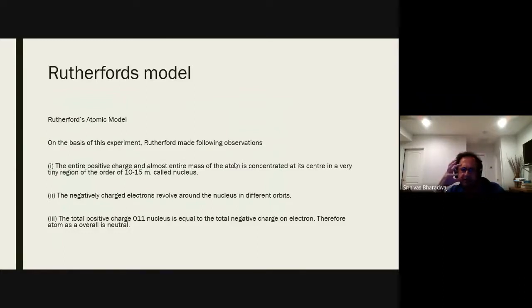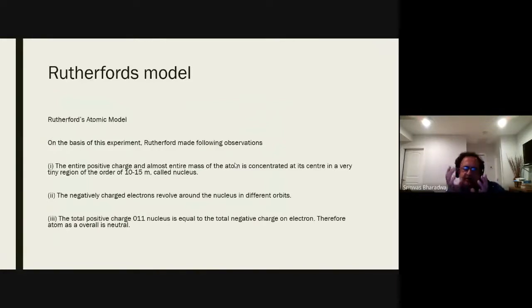Okay, now, on the basis of the experiments that were done by Thomson, or originated by Thomson and then followed on by Rutherford, what Rutherford said is that the entire positive charge and almost the entire mass of the atom is concentrated at its center in a tiny region of the order of 10 to the power of minus 15.